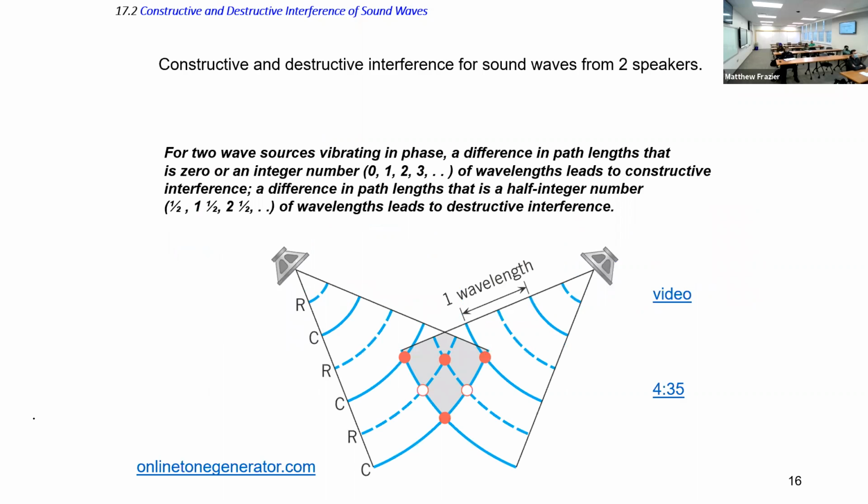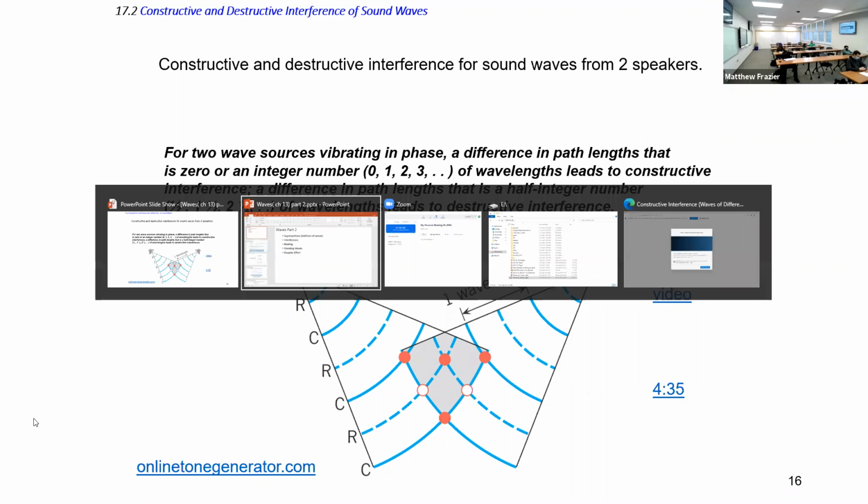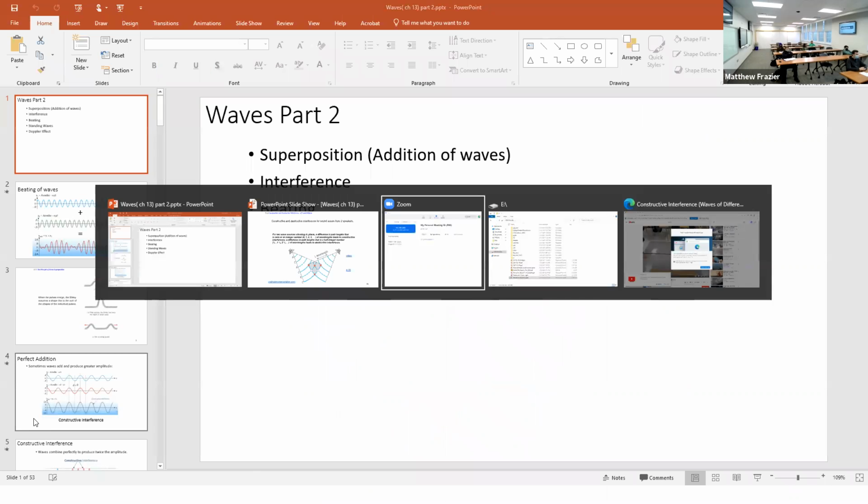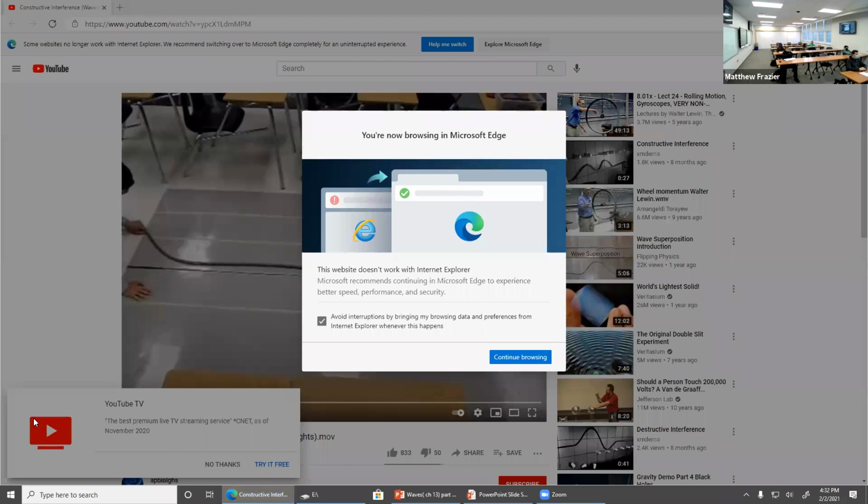All right, so the gist is, if we have two wave sources, now this is one where I'm going to try to, let's see, I don't have them up now. Oh, what in the world?